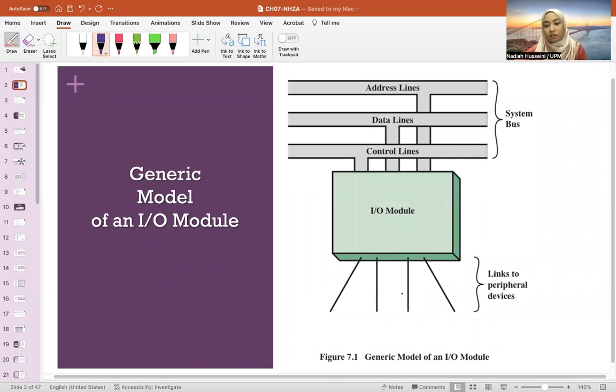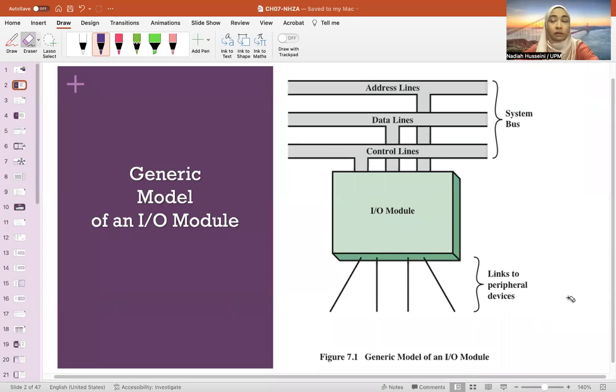So this is a generic model of an I/O module. Feels very weird because we have been having physical class. So here you have your I/O module, which we have not discussed the inside of yet, but you can see that on the outside we have links to peripheral devices, which is basically your printers, your keyboards.